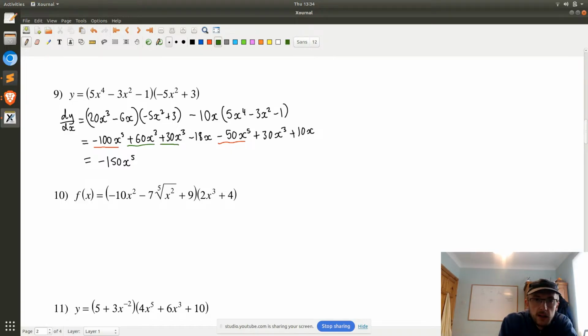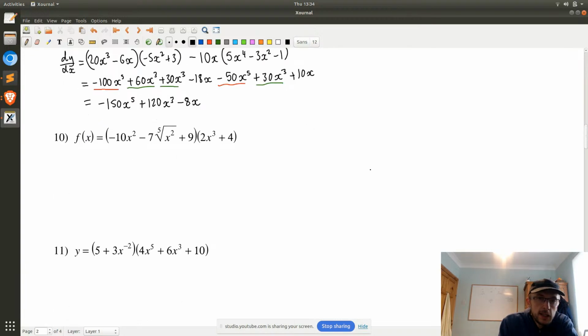Third powers there, there, and there, and bring them together, and we get 120x cubed, and the rest are linear, so we get negative 8x. And now we have something that looks like this.